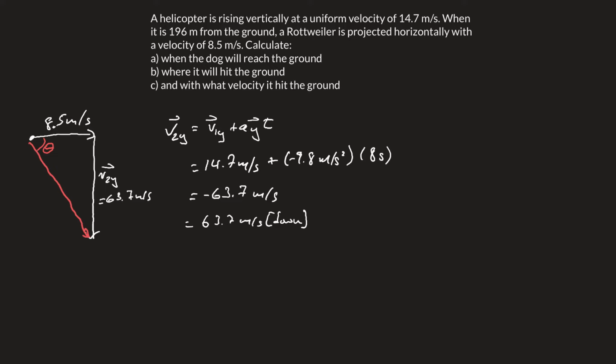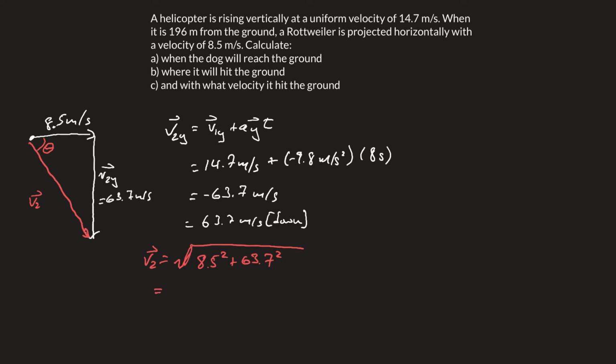Now we have a right triangle, so we can solve for this V2 component, which is what we have here. This is our V2, our final velocity. So we can say V2 is equal to the square root of the x component squared plus the y component squared. So that's 8.5 squared plus 63.7 squared.